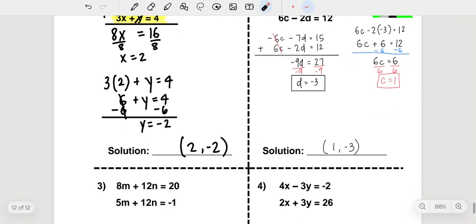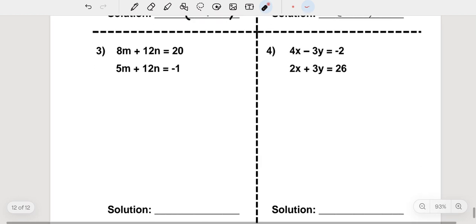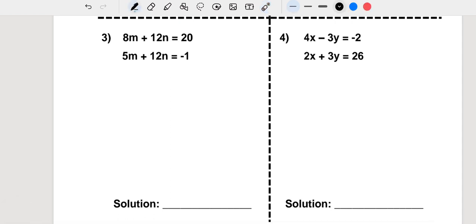All right. 8m plus 12n equals 20, and then 5m plus 12n equals negative 1. So again, we don't have anything that eliminates right now, but because these n's have the same coefficient, we can easily turn that into an elimination process.